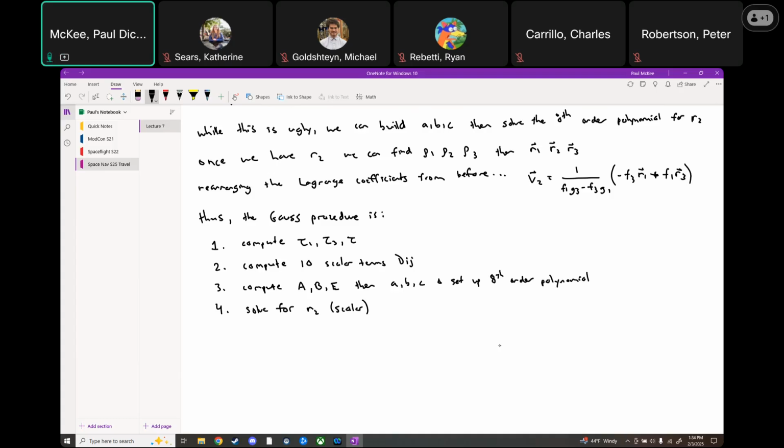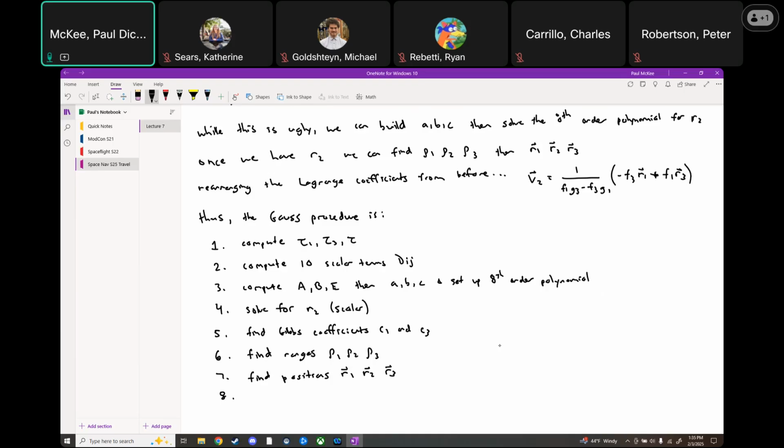So there's your polynomial solution problem. Next is find the Gibbs coefficients, C1 and C3. Then we find the unknown ranges, row 1, row 2, row 3. Step 7, find positions. R1, R2, R3.